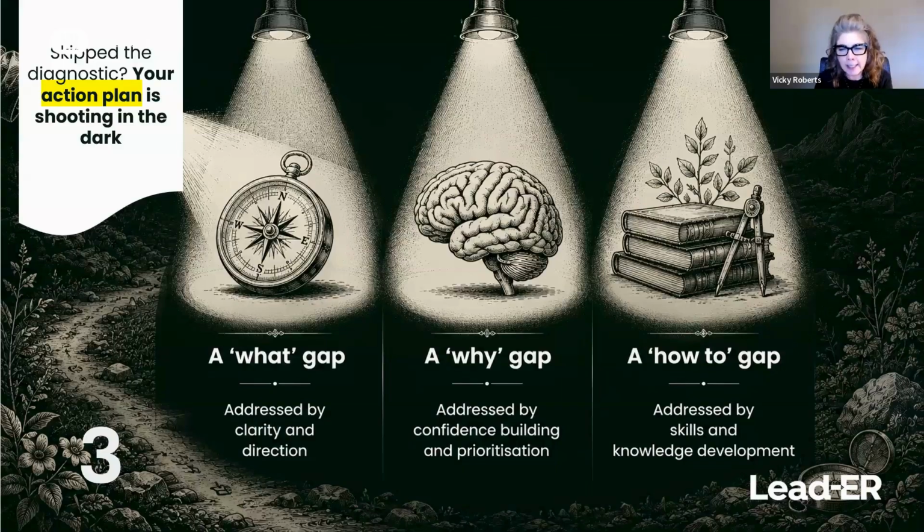And this technique I've found so useful for managers to really almost eat the elephant as to what the cause of the underperformance is. It's whether it's a what gap, a why gap, or a how-to gap. And the point about this is your solution that you're going to put into place is different depending upon what the cause of the gap is.